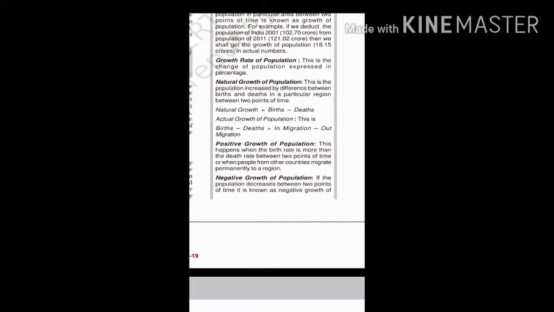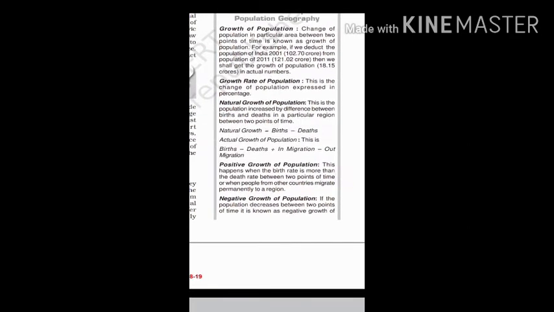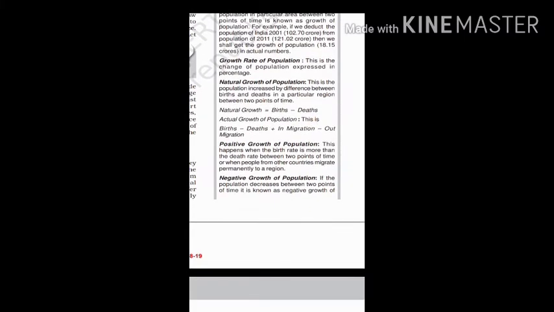If we subtract the deaths from the births, then we will get natural growth. Let me give you an example. Suppose in a year 200 people are born and 100 people died. So natural growth will be 200 minus 100 equal to 100 people. Means 100 people grow normally.